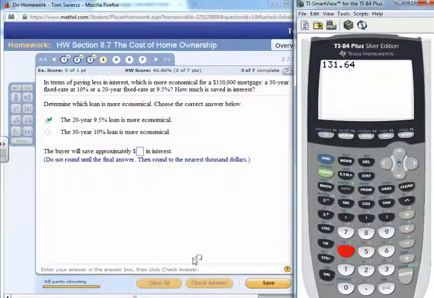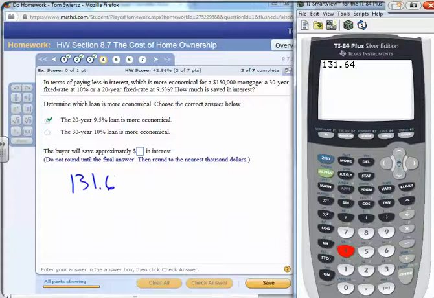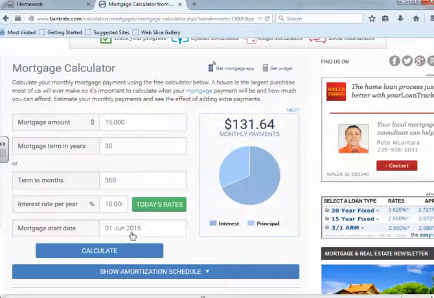So what we're going to do now is take 131.64 times the 30-year mortgage. Let's see, I think I didn't put in enough zeros. Let me double check. That seems awfully low. Let's go to Bankrate. Yeah, sorry. 30 years at 10%.